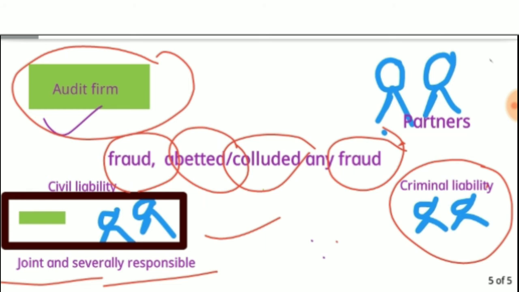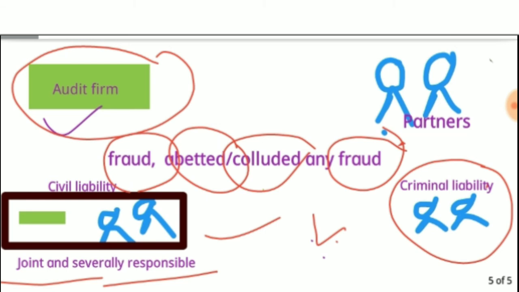Then what happens to the criminal liability? In case of a criminal liability of an audit firm in respect of liability other than fine, that is, criminal liability means liability other than fine, who will bear that criminal liability? The concerned partners who acted in a fraudulent manner or abetted or, as the case may be, colluded in any fraud shall only be liable.